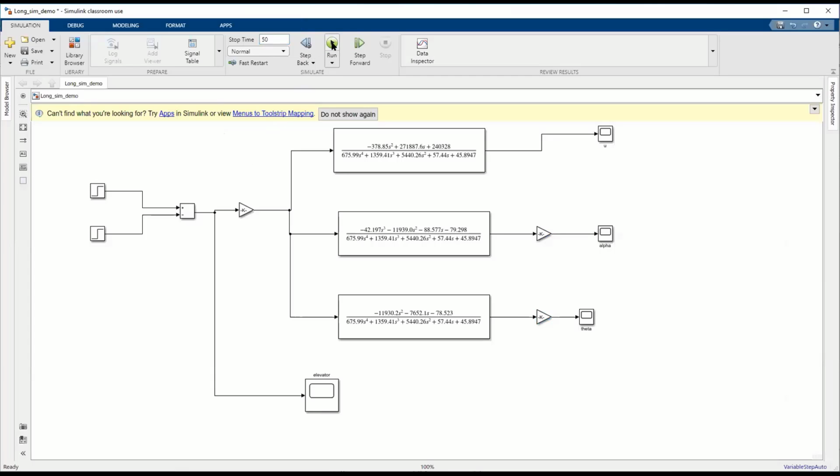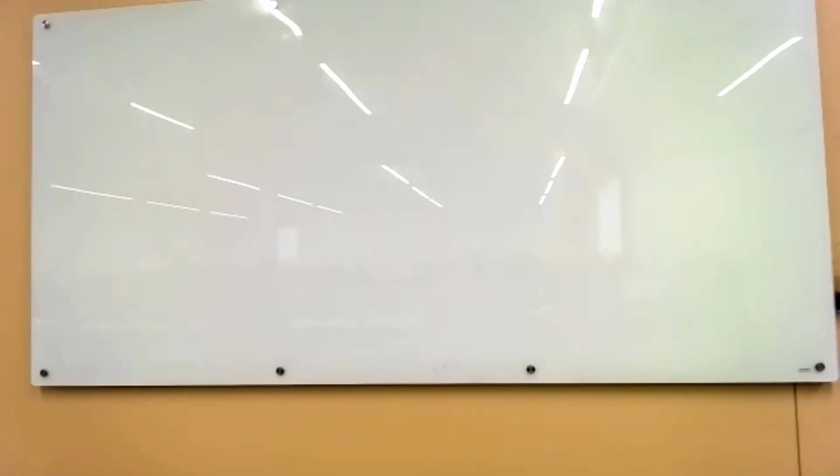Click run. Oh, I want to pop the scopes up here. So if you click on these, you get the scopes opened up. And I need to share my whole screen here so you can see everything.